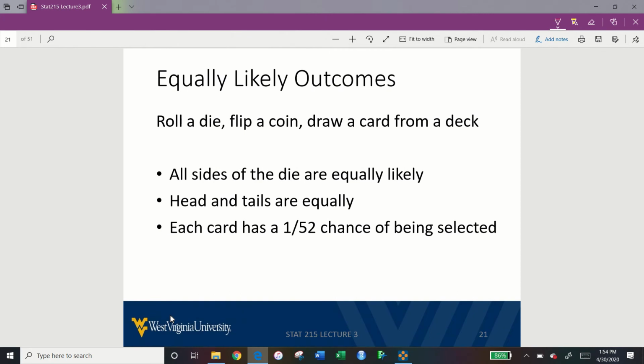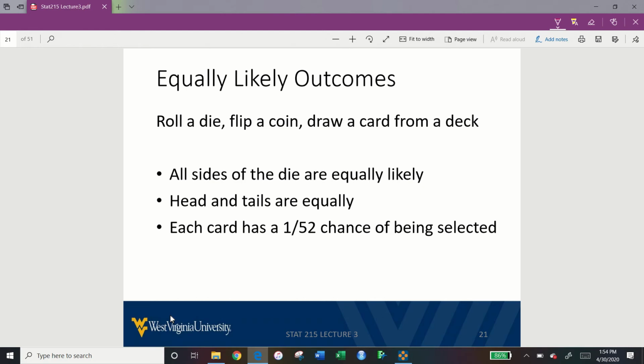Now, another concept is something called equally likely outcomes. This occurs when we say roll a die, flip a coin, draw a card from a deck. It means that all events are equally likely to occur. So in our three examples, all sides of the die are equally likely to be face up. Same thing with heads and tails. You have a 50-50 chance of it being heads or tails.